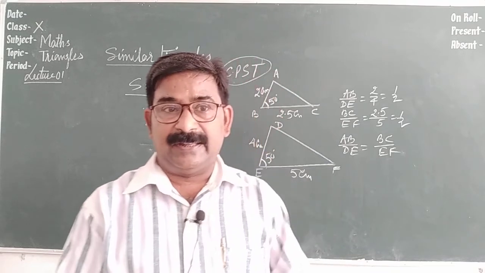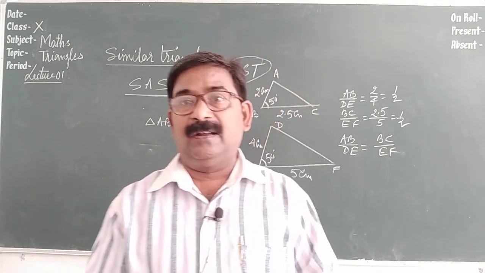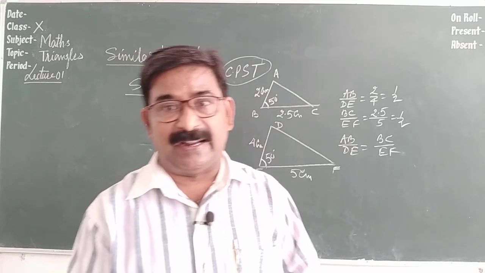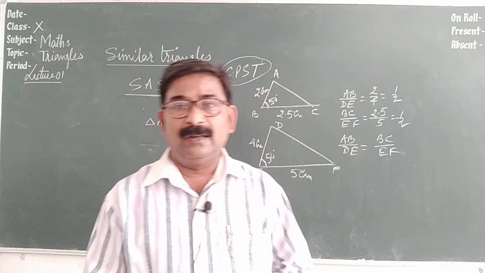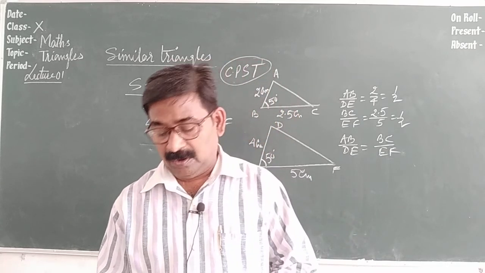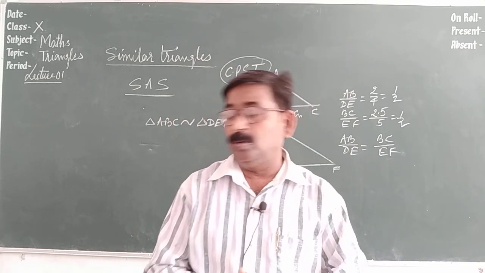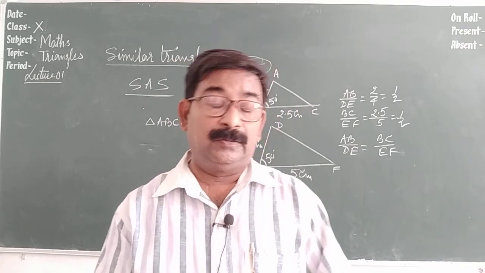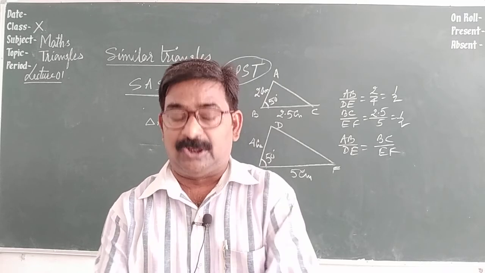The last thing I told: if two triangles are similar, then the ratio of corresponding sides is equal, and corresponding angles are equal. Now on this basis we will solve the theorem, Thales theorem or basic proportionality theorem.